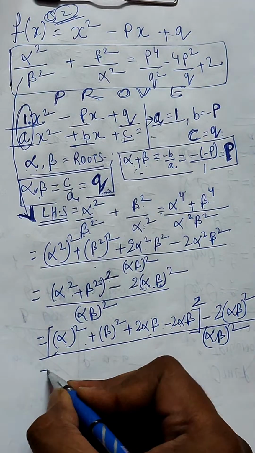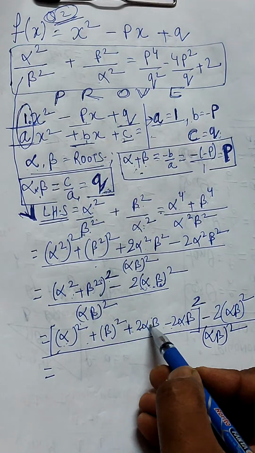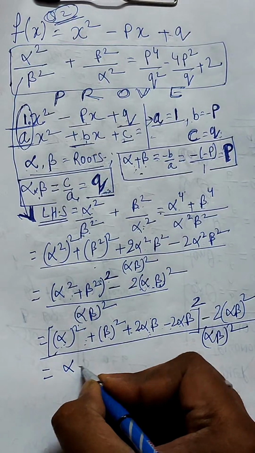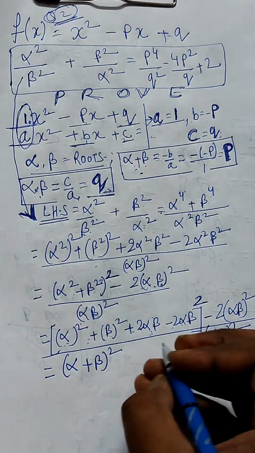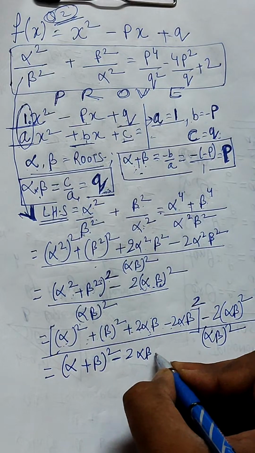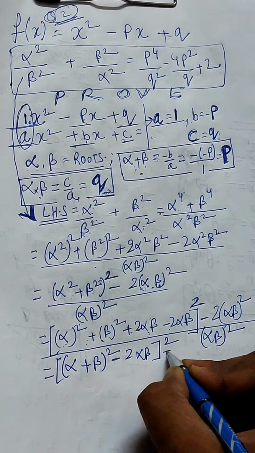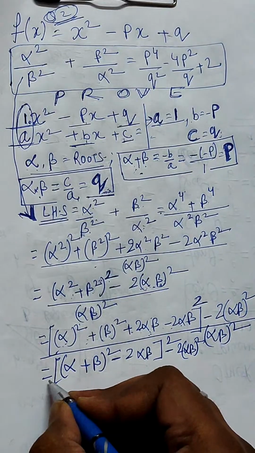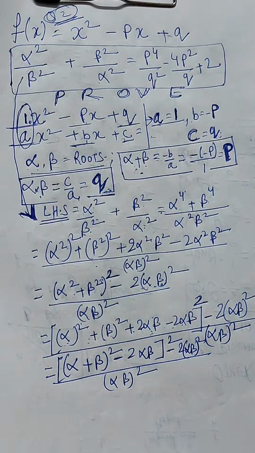Now the next step: you can also compare a square plus b square plus 2ab. This is also in the standard form. So we can write alpha plus beta whole square minus 2 alpha beta whole square minus 2 alpha beta whole square divided by alpha beta whole square, right?